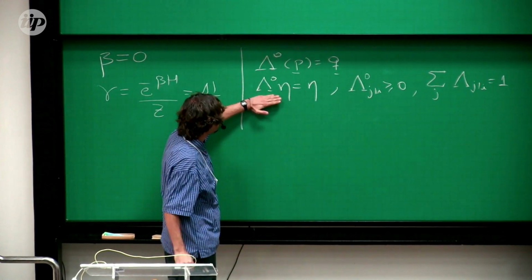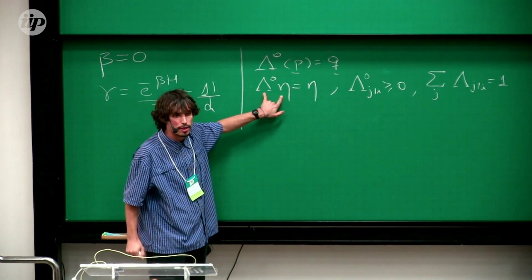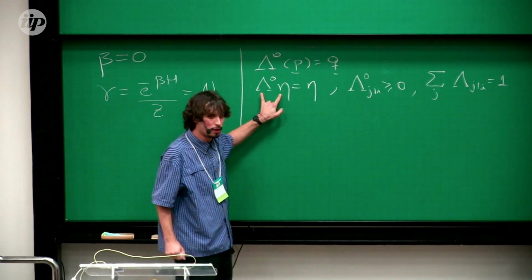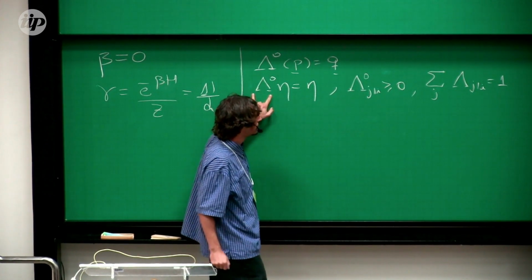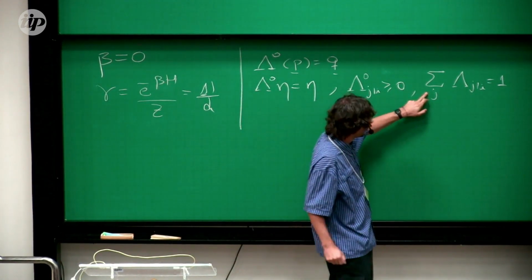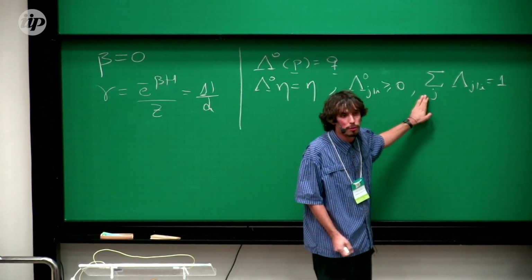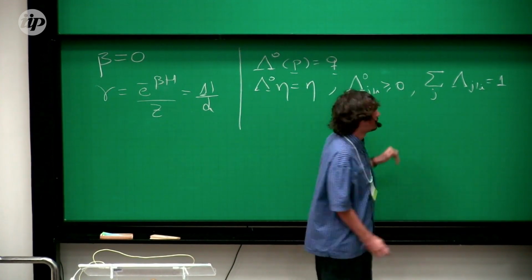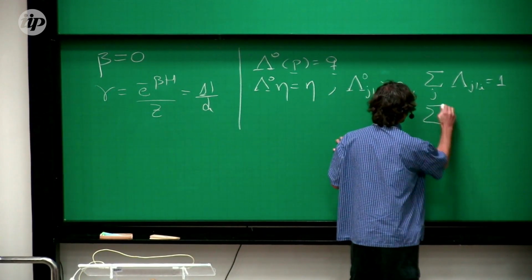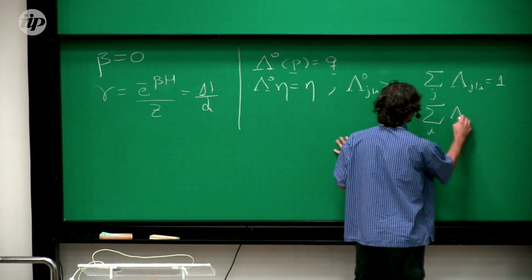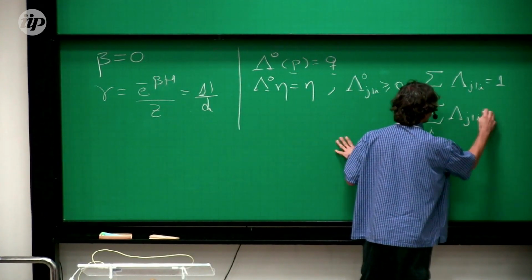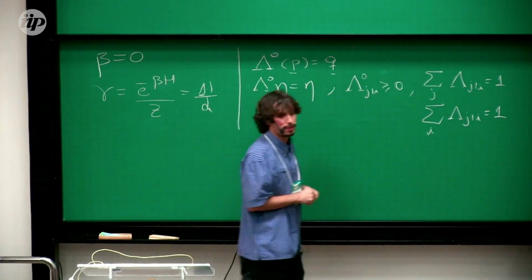If we take this condition, open up this equation here, we will learn that now this is a stochastic matrix, their column will sum to 1, but not only the column, but also the rows. So this means that if I sum over I here, this will also go to 1.